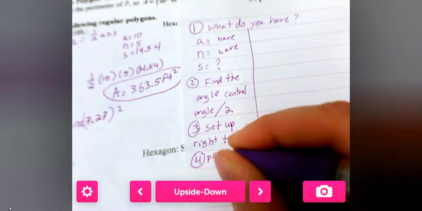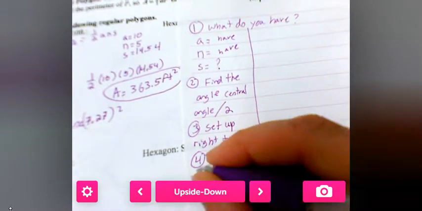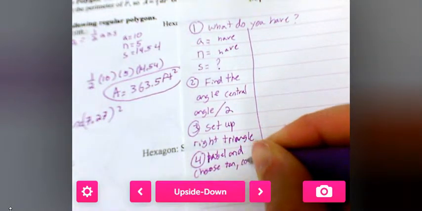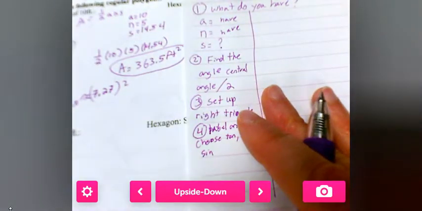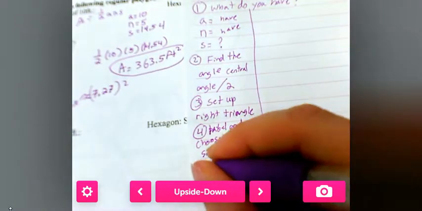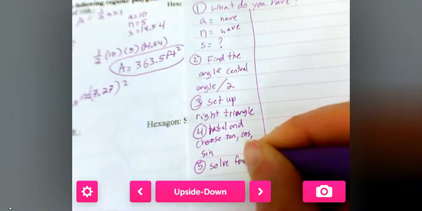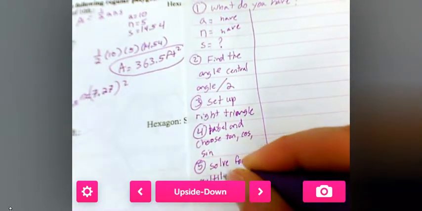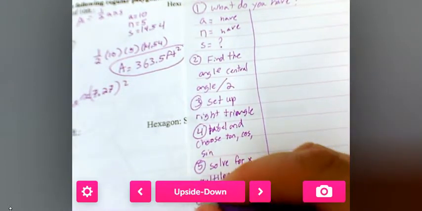Step 4, label and choose tan, cosine, or sine. Step 5, solve for x, and multiply by 2. Step 6, plug into equation.